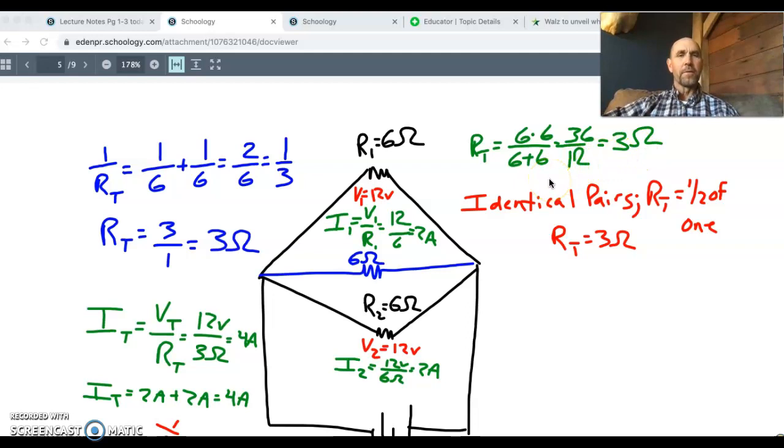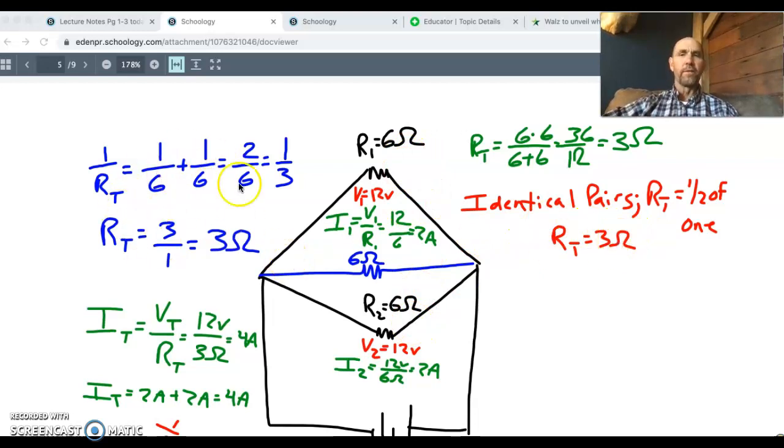And the third method for finding total resistance is very restrictive because it only works for pairs. You can't do R1 times R2 times R3, but this only works for groups of 2. And if they're identical pairs, then we could just simply cut them in half. So 2 6s make a 3.